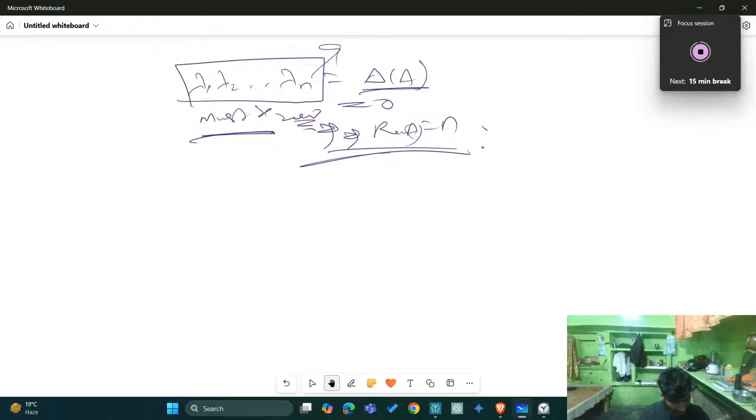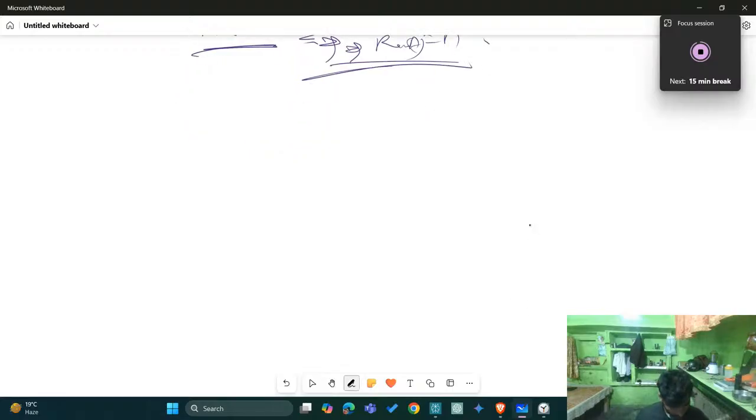Let's say we have (A minus lambda I)x equal to 0. Irrespective of the values of lambda, there is always at least one free variable, giving infinitely many solutions and eigenvectors.